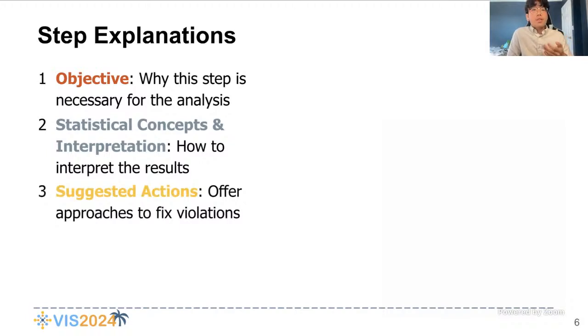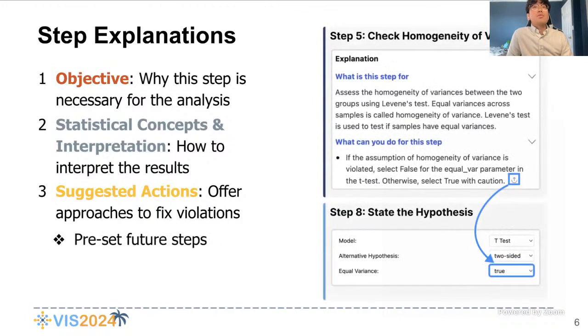And only for the assumption checking step, it offers suggested actions, to help users find ways to fix assumption violations. One of these forms is to preset a future step. Like here in the t-test, we can just set the equal variance parameter as true for checking homogeneity of variance.